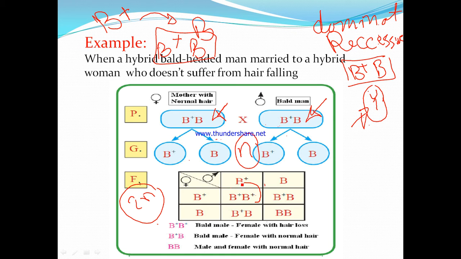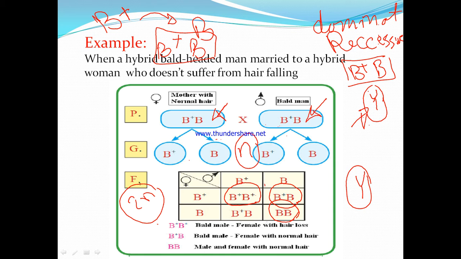The first one is B positive B positive, the second one is B positive B, and the last one is B B. These are the 3 types of genotype. But the allele that is present is affected by Y or by the hormones produced as a result of the presence of the sex gene, known as the masculinity hormone.